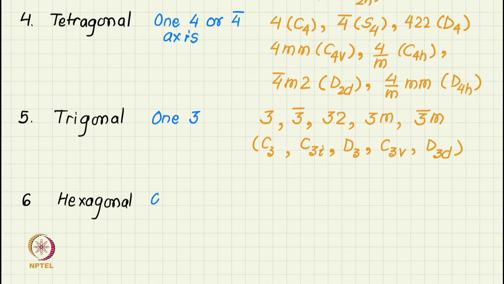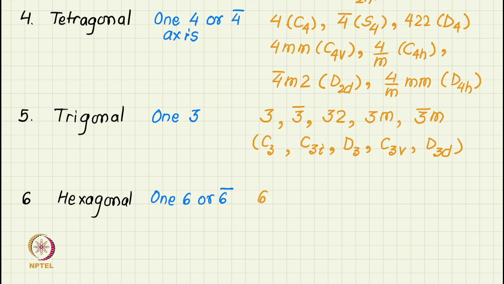Hexagonal, characteristic symmetry 1, 6 or 6 bar. So we had 6, which is C6, 6 bar, which is C3h. Note that the 6 bar axis is a 3-fold axis with a horizontal mirror.